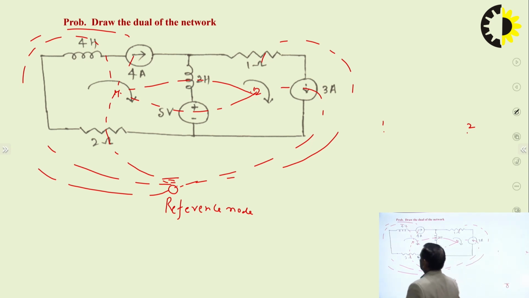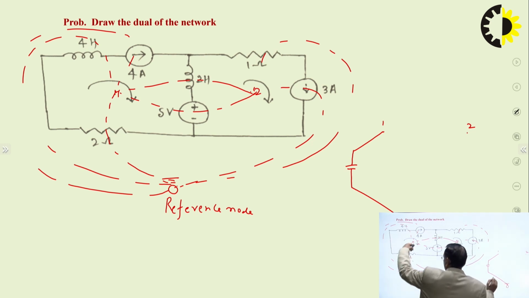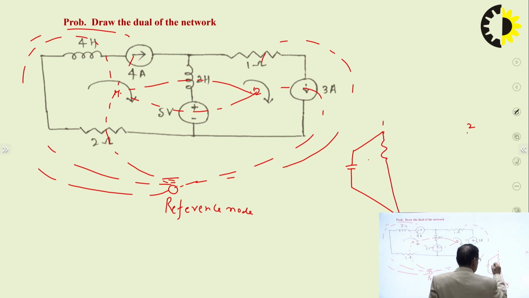Between 1 and reference it is 4 Henry, so 4 farad. Between 1 and reference 2 ohm, so 2 mho, it is your 4 farad, okay.